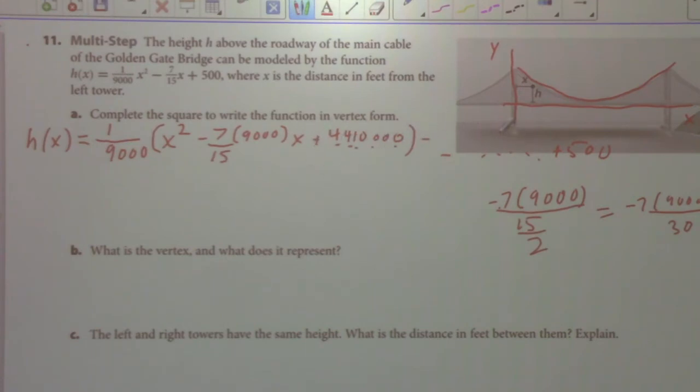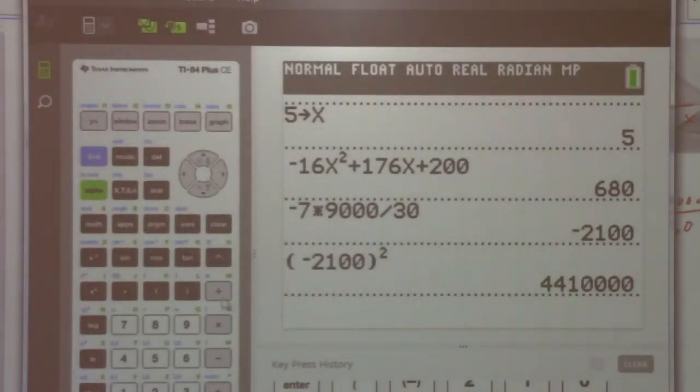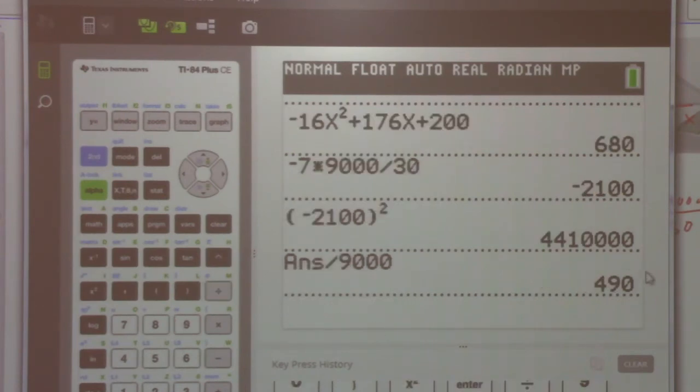What goes outside here? Well, it's going to be this divided by 9,000. So let's go ahead and divide that by 9,000, see what we get. I hope this works out. 490.